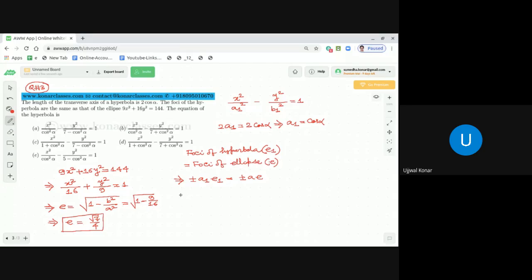What is a1? a1 is cos α. So from here we get cos α · e1 = a · e.